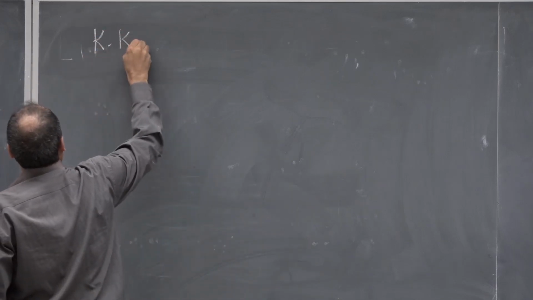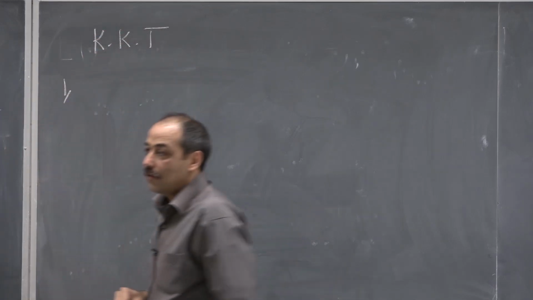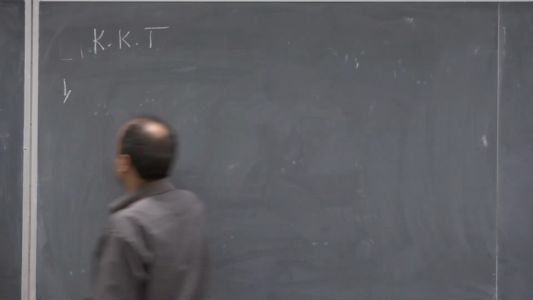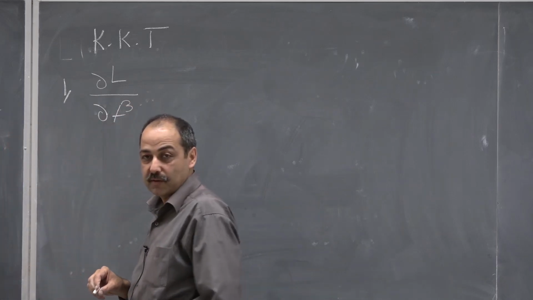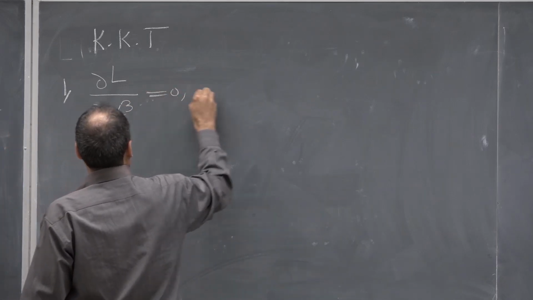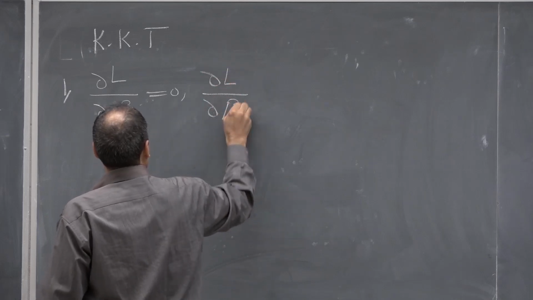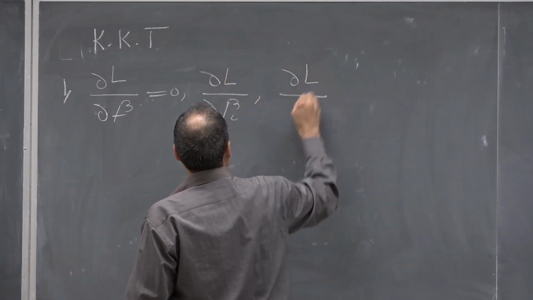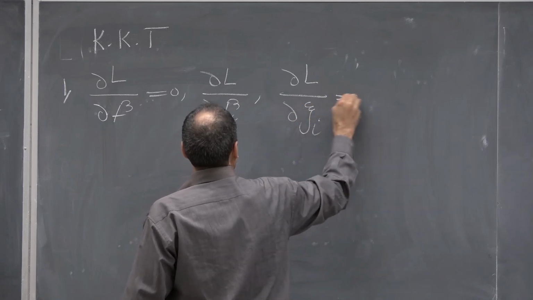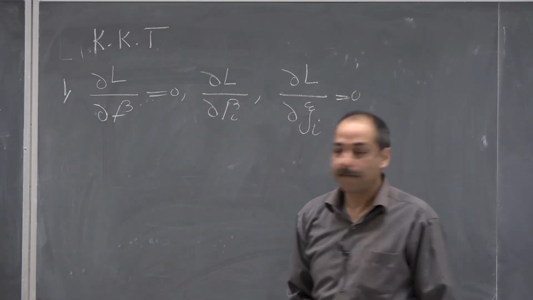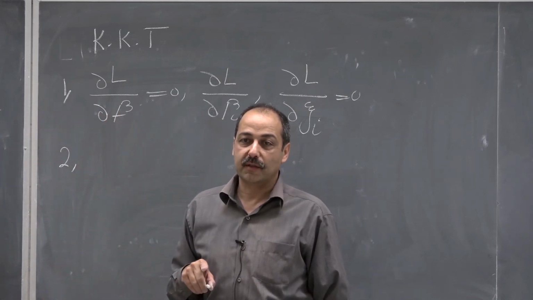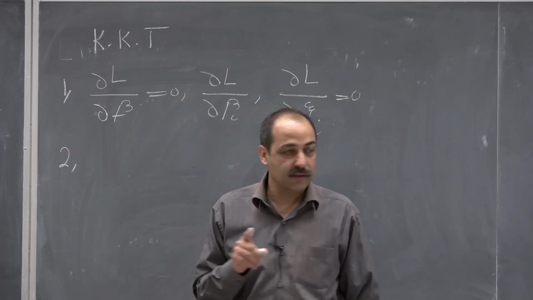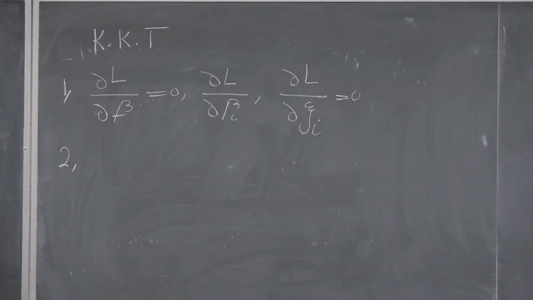If we look at the KKT conditions, we need to make sure that the derivative of our Lagrangian with respect to the primal variables is equal to 0. So this is 0, this is 0, and this is 0. Then we have to check the primal feasibility. Primal feasibility means that these constraints are satisfied at the optimum point.